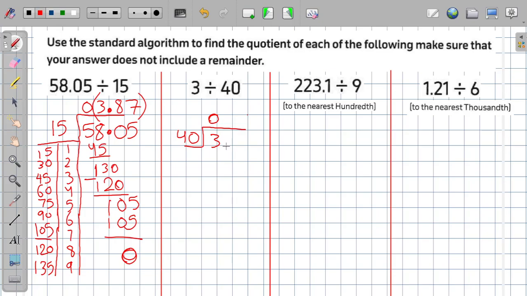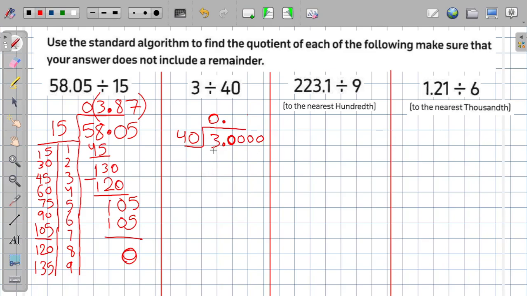But I want to continue because I want my answer does not include a remainder. So I will put the decimal point right here and right here. And I will put some zeros in my dividend. Okay. So I have 1, 2, 3, and so on until I reach the remainder 0.